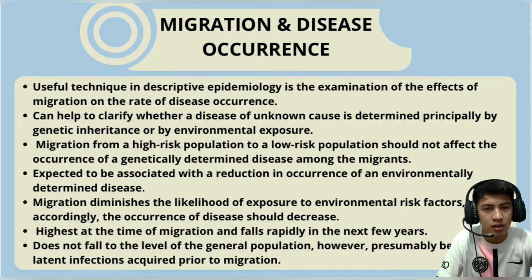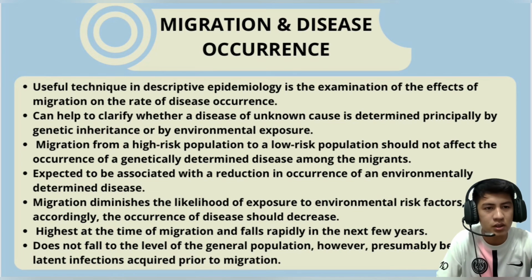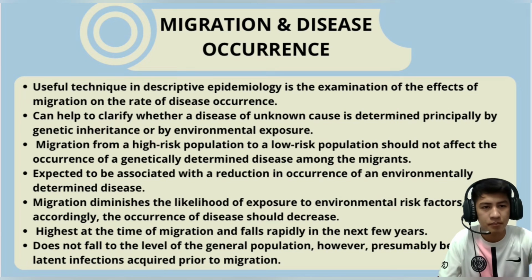Put another way, migration diminishes the likelihood of exposure to environmental risk factors, and accordingly the occurrence of disease should decrease. Of course, for diseases with long latent periods, it may take many years for the reduced rate of occurrence to become manifest.